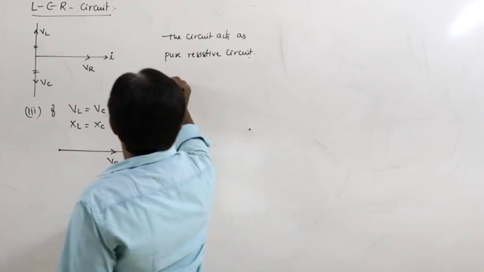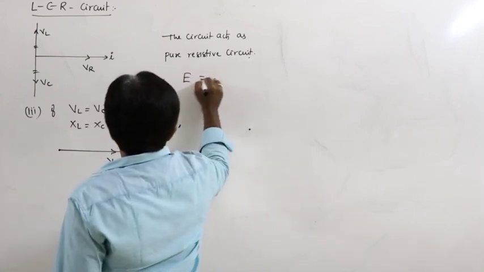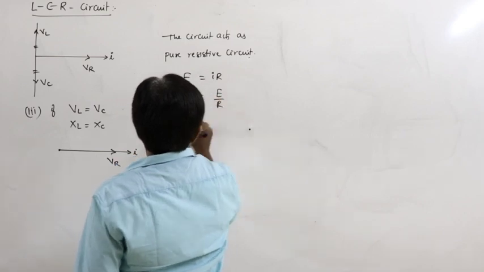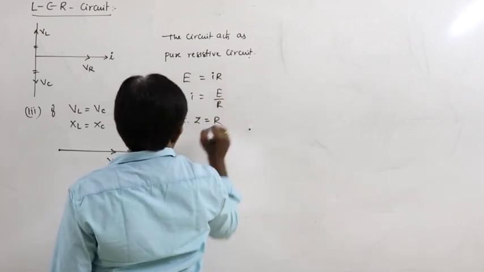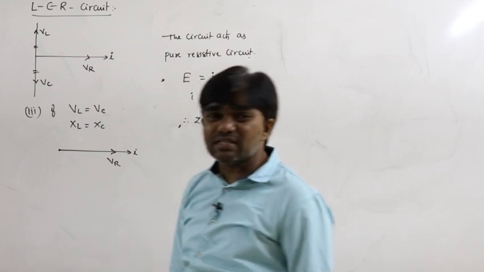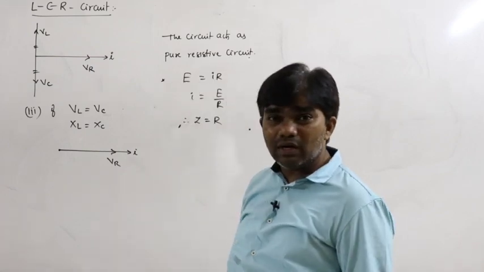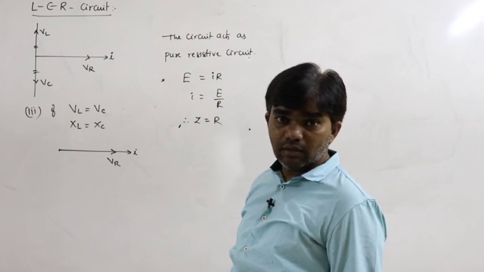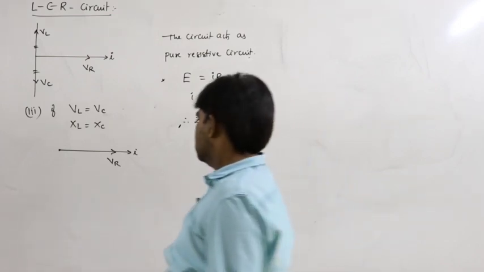Pure resistive circuit means EMF E is equal to IR. Then I is equal to E by R, that means Z is equal to R. The impedance of the circuit is R.